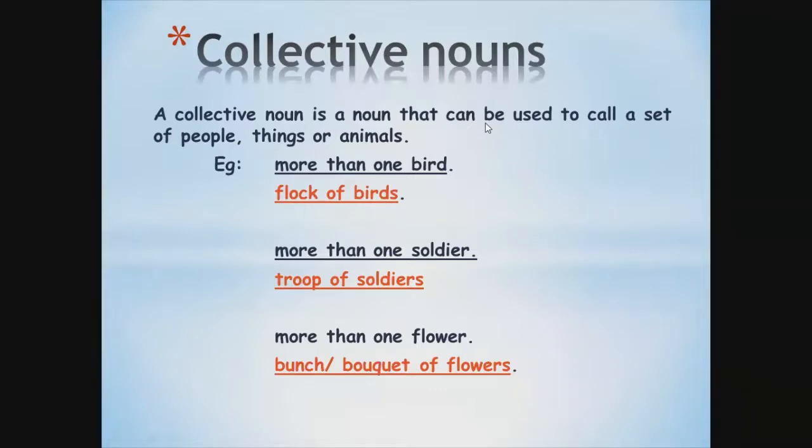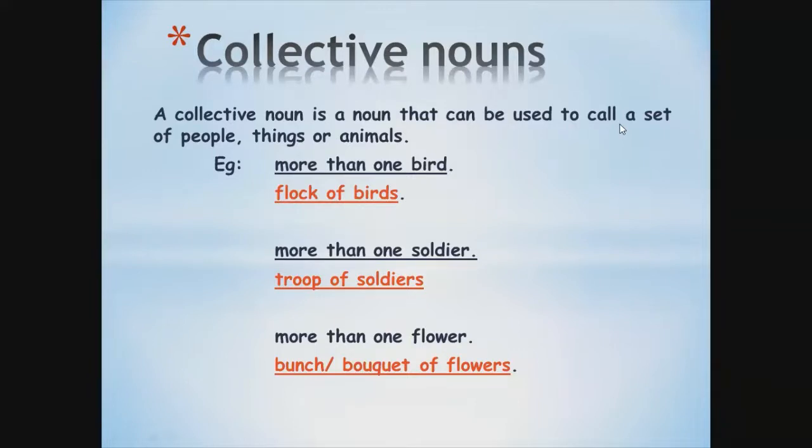A collective noun is a single noun formed from a group of nouns. One minute, excuse me. Right. A collective noun is a noun that can be used to call a set of people, things, or animals.